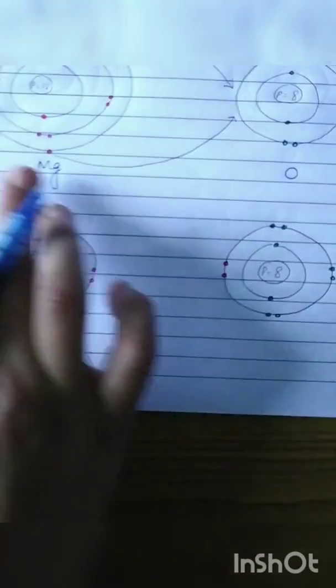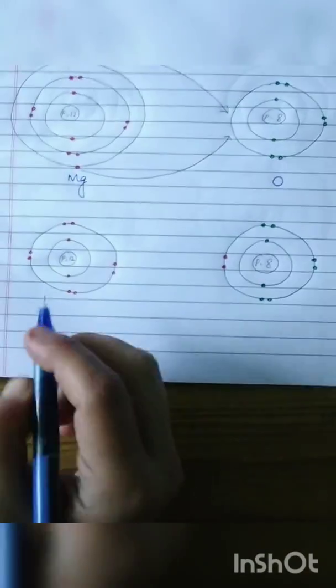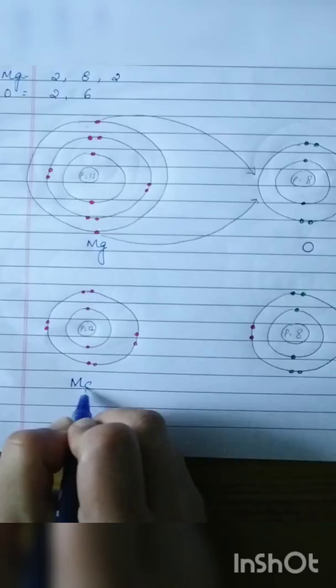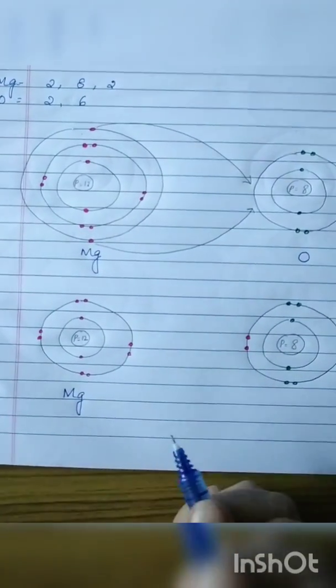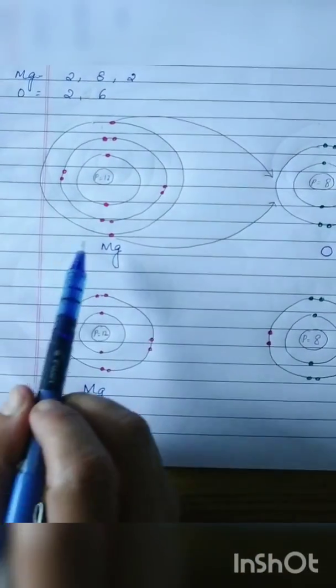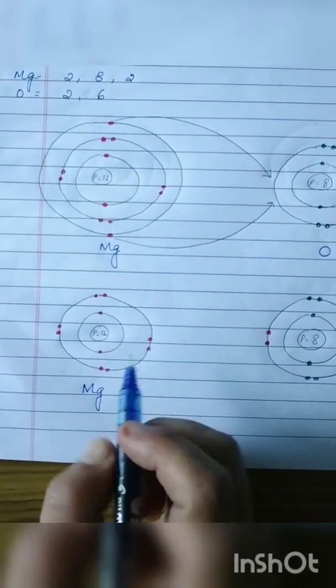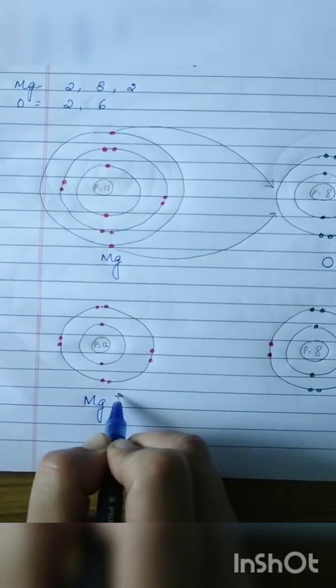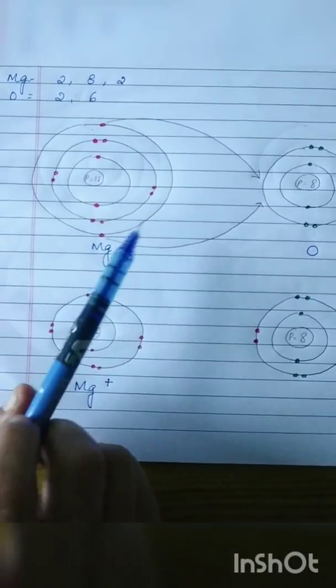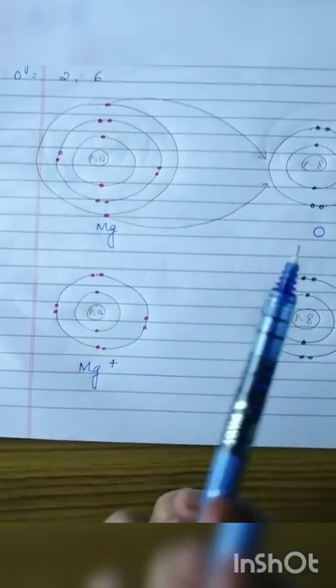For magnesium, I'll use pink color here. Now as I've told you, once magnesium gives away electrons, it is no longer an atom, it forms an ion. And since it has given away electrons, it becomes positively charged. But how many electrons did it give? 1, 2.